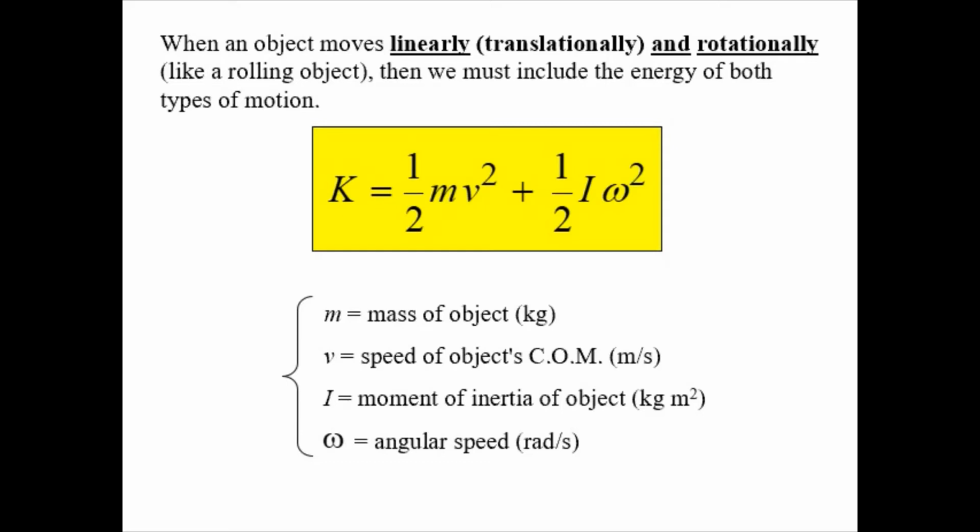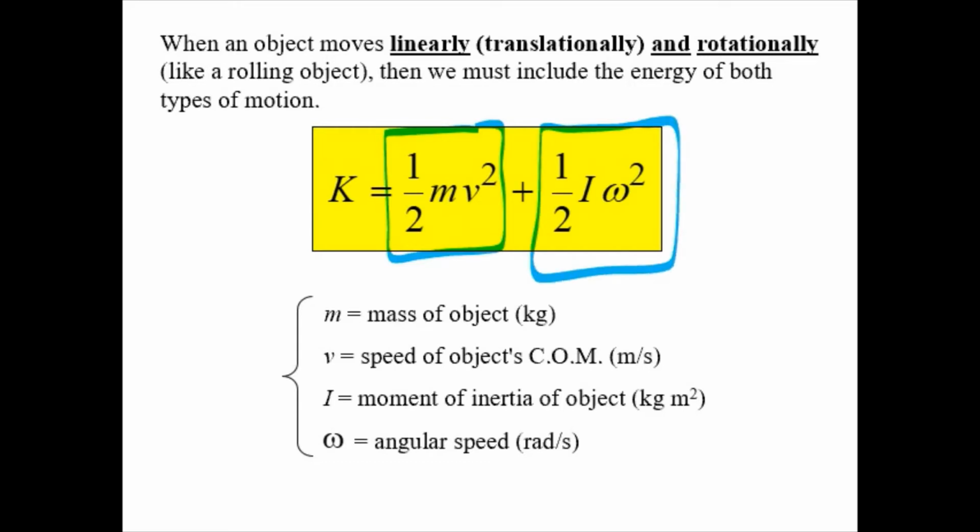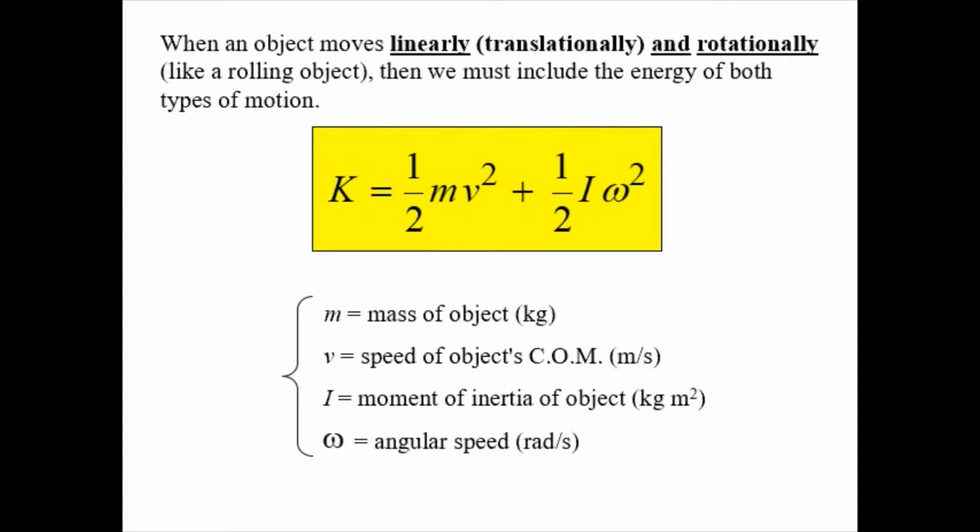Like a bowling ball, when it rolls down the bowling lane, down the alley, it's not only translating, so it's going to have some kinetic energy because it's moving down the alley towards the pins, but it's also rotating, and so some of its energy is going to be stored in its rotation as well. So to find the total kinetic energy of an object, we have to sum together those two types of kinetic energy.